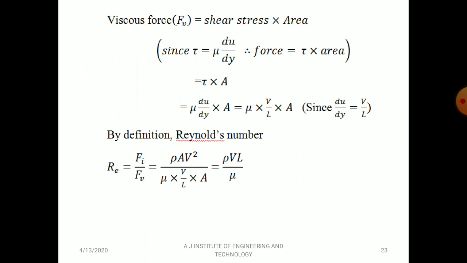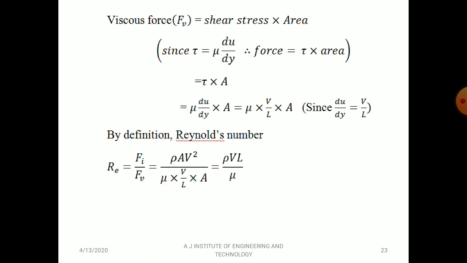Now get the expression for Fv. This is the viscous force. Fv equal to shear stress into area, that is the surface area. From Newton's law of viscosity, we have tau equal to mu into du by dy. Mu is dynamic viscosity, du is change of velocity, dy is the distance, so du by dy is the velocity gradient.